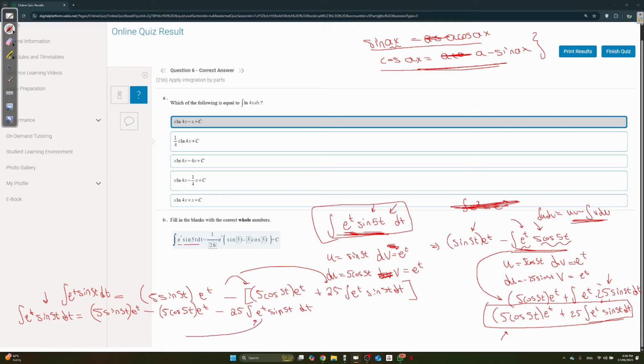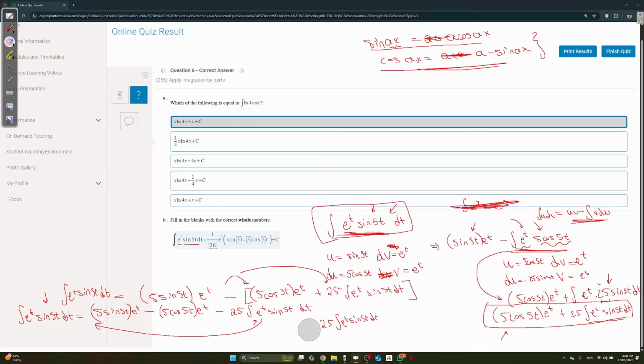Can't I just move this to the left and add them together? On the left side now, I'm going to have integral e to the t sine 5t dt plus 25 integral e to the t sine 5t dt. Now, can't we just add these together and make it 26 integral e to the t sine 5t dt?